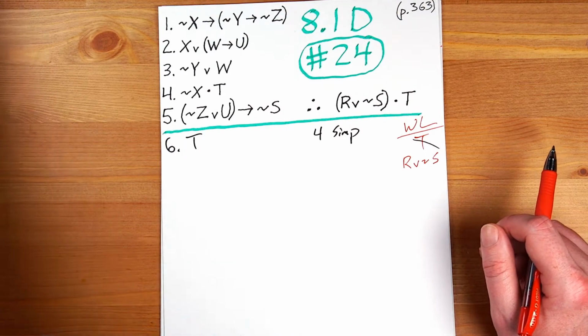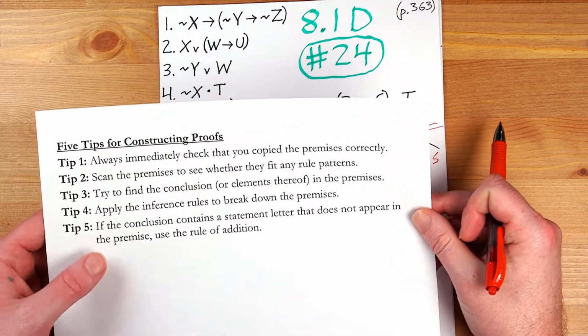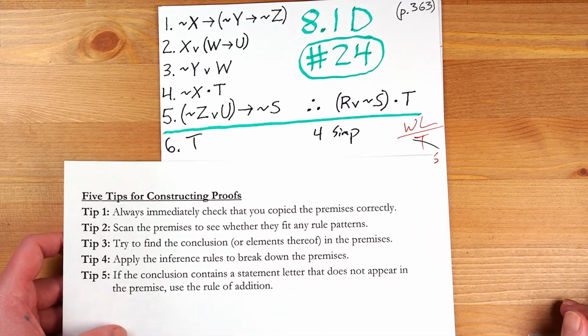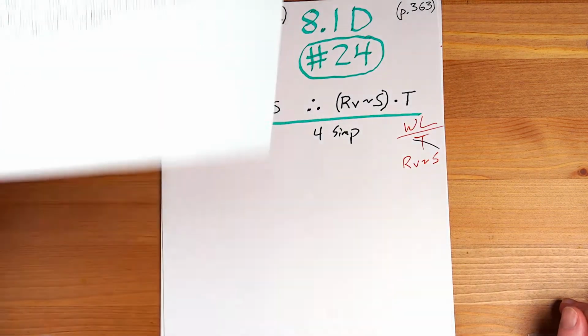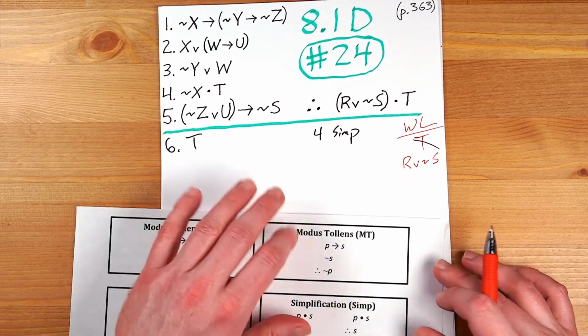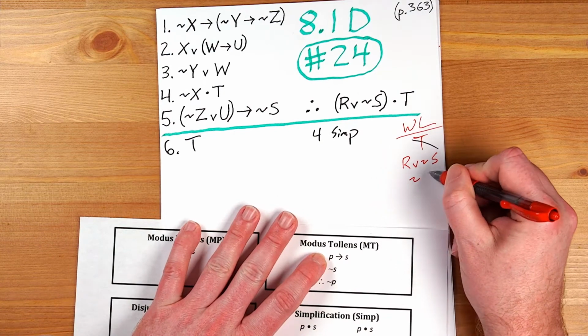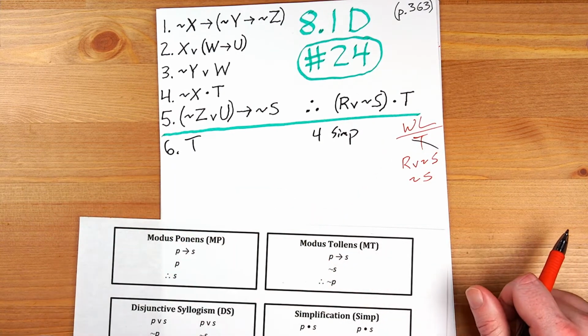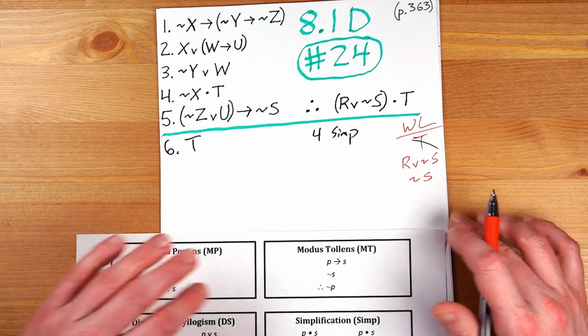And of course, remember tip 5. That's if the conclusion contains a statement letter that does not appear in the premise or premises, use the rule of addition, right? So perfect. So we're going to have to use addition. So if we can get not s all by itself, we can just add the r part. So how could we get not s?